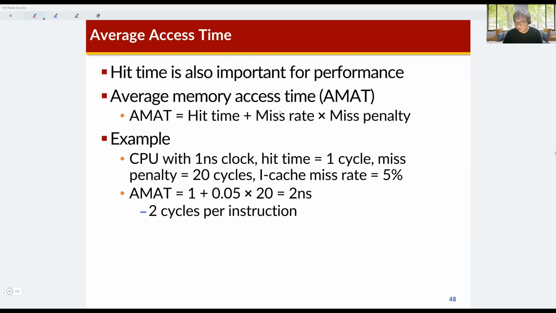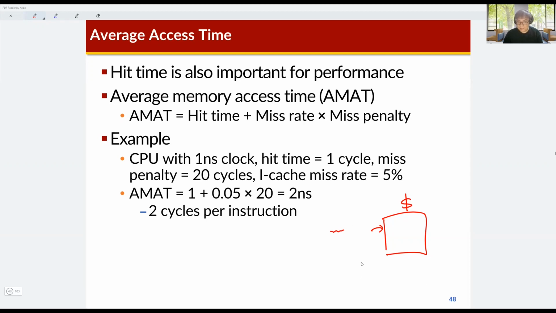And then we can also calculate the average access time. So what is the average access time? This is the memory, right? And the cache. When an instruction is executed by the processor, the instruction cache or data cache can be accessed.